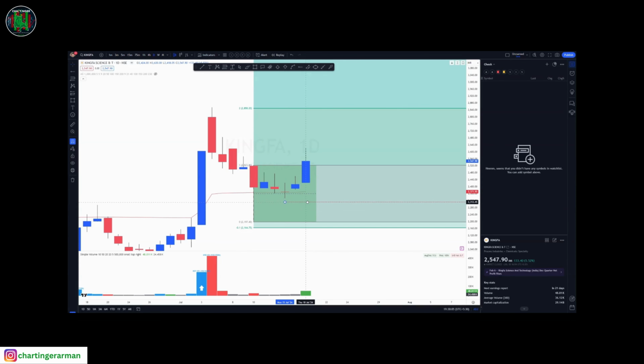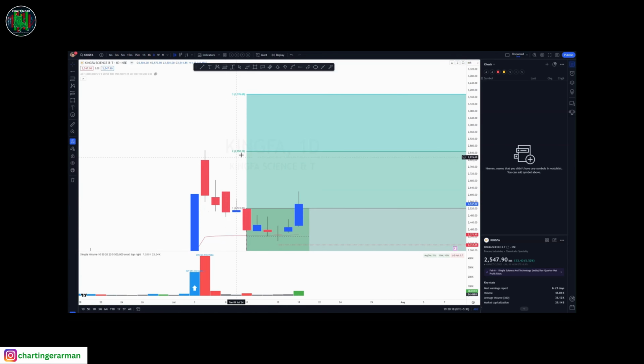So if you want to be a safe trader, you can go with the stop loss of 2300 odd. Okay, with buying around 2547. Okay, with targets of 2850 and 3176.